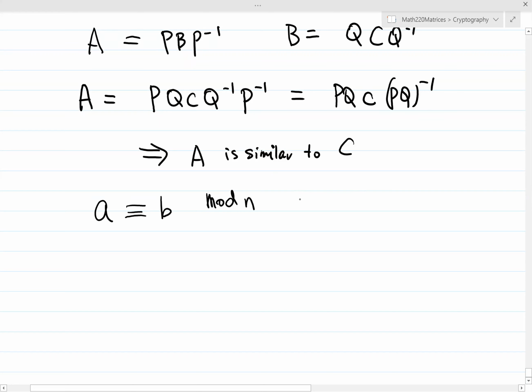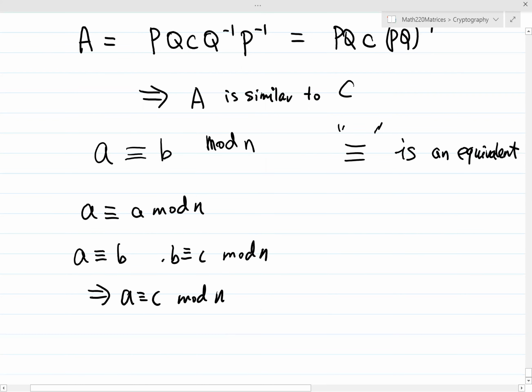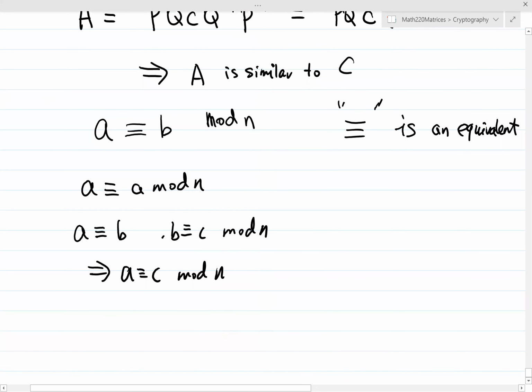Suppose A is congruent to B mod n. You can check A is congruent to A modulo n. Transitive: A congruent to B, B congruent to C modulo n, then A is congruent to C modulo n. It's also symmetric: A congruent to B means B congruent to A.